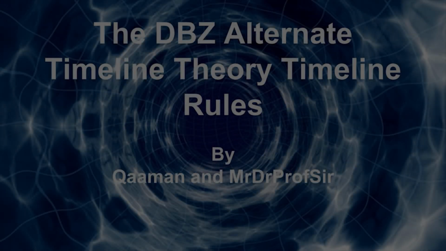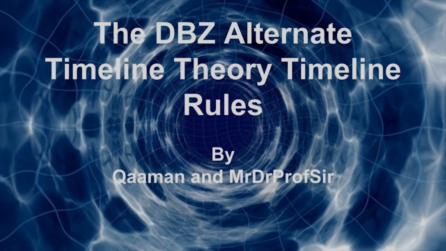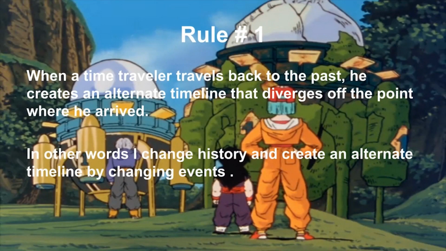So, let's begin with rule number 1. Rule number 1 is that when a time traveler travels back to the past, he creates an alternate timeline that diverges off to that certain point.